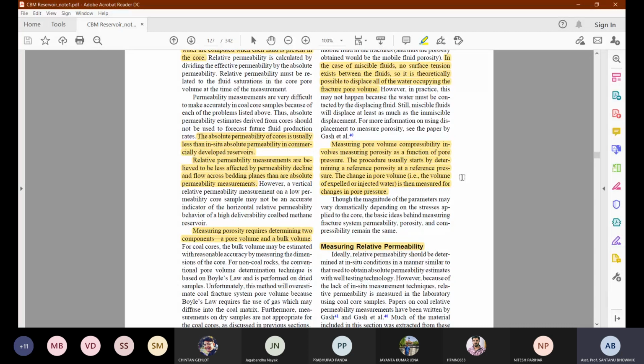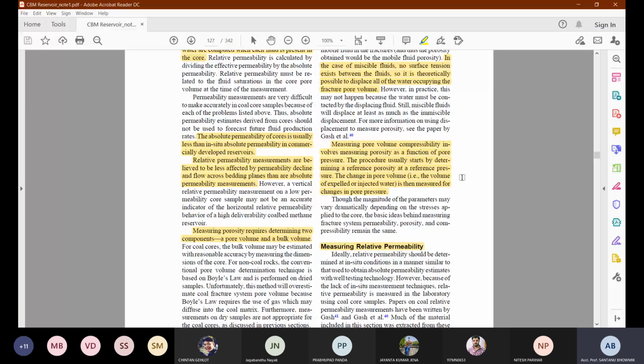Swelling means when the coal is saturated, it absorbs water and swells, and its geometric volume increases. When it discharges water or gases, its volume shrinks because it gives out the gases or the water. So this shrinkage and swelling effect is going to dominate the pore volume compressibility, the fracture compressibility.